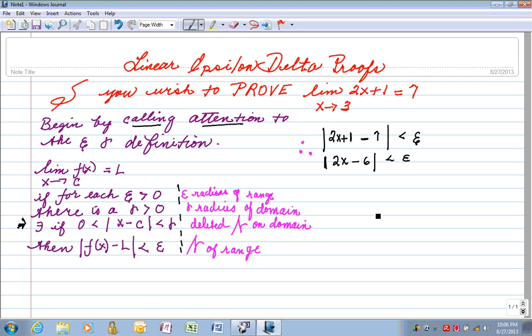Then by a theorem we may or may not have proved when we were taking our Algebra 2 class, we can factor this 2 out of the absolute value, by a theorem that we could prove that the absolute value of the product is the product of the absolute values.